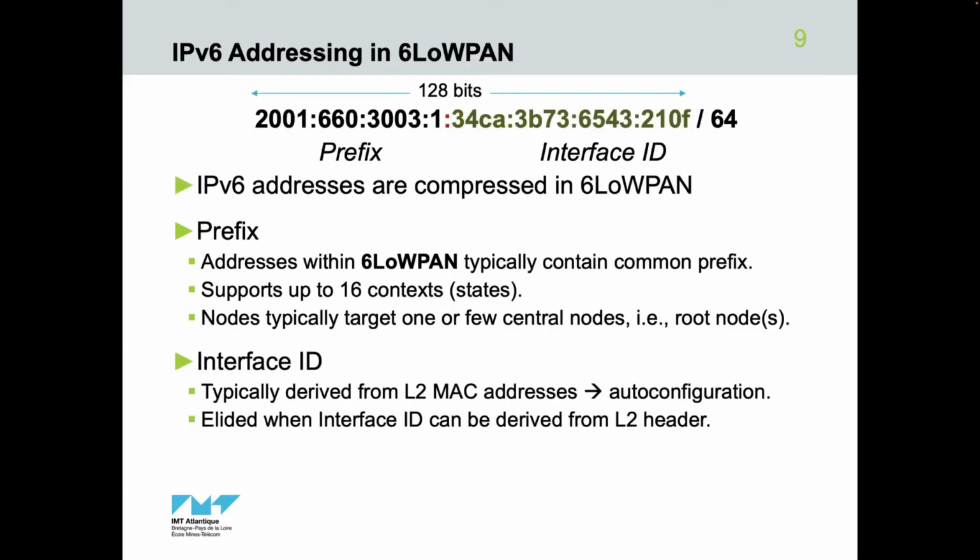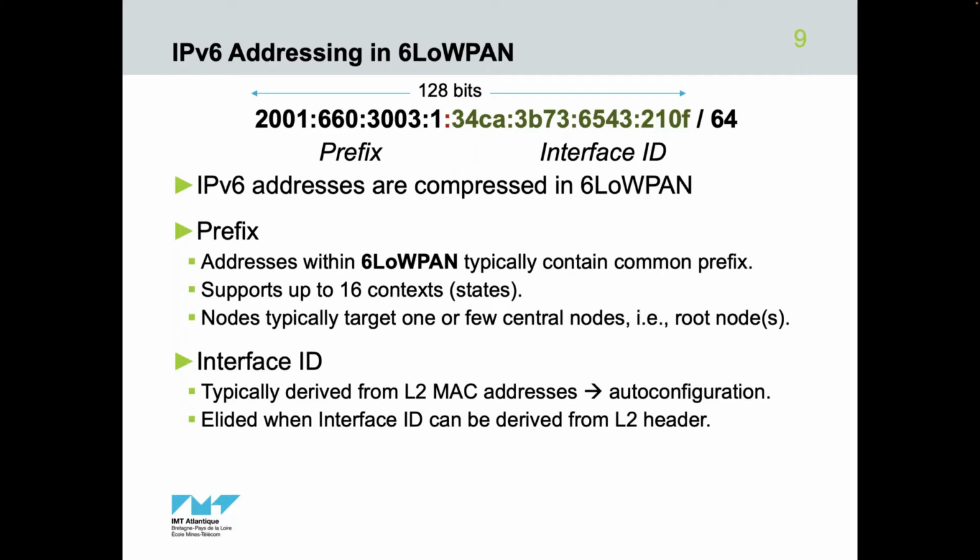Now, when it comes to 6LoWPAN, an IPv6 address must be compressed. Indeed, regarding the prefix part, so the first 64 bits, the addresses within the 6LoWPAN typically contain a common prefix, or they may support up to 16 shared contexts among the nodes. Or the nodes typically target one or a few central nodes that are called the root nodes.